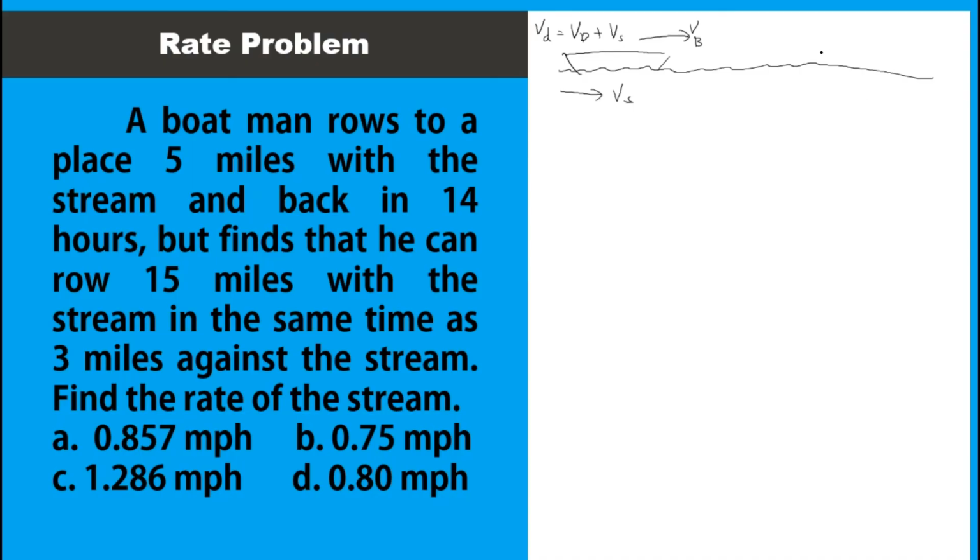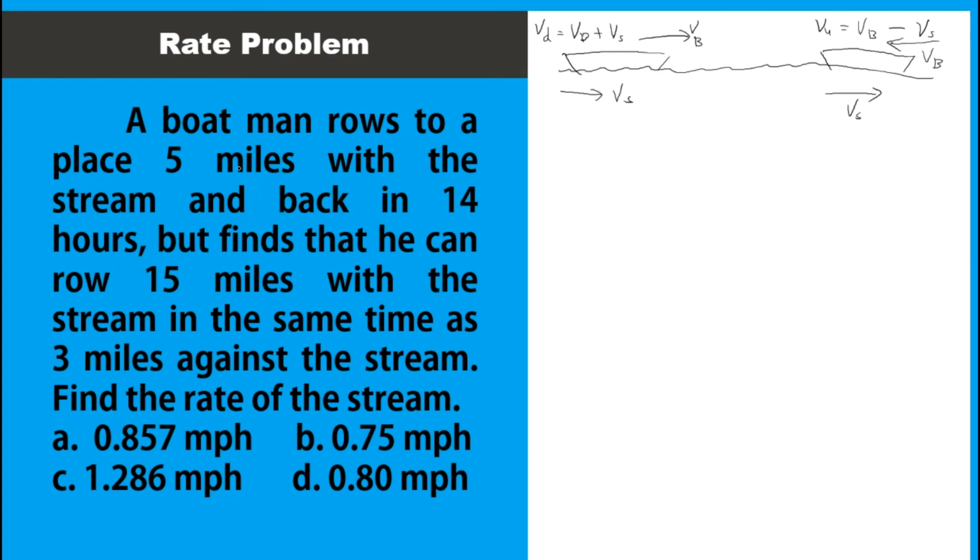Going back, the velocity of the boat is opposing the current. So this is the velocity upstream, which is equal to the velocity of the boat minus the velocity of the stream, since it is in the opposite direction.